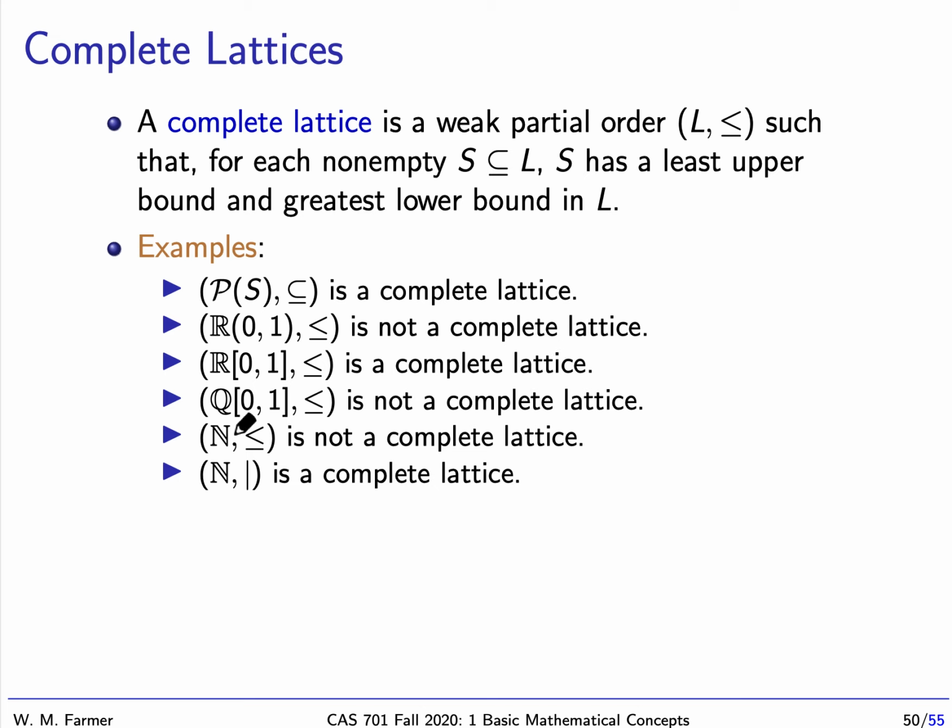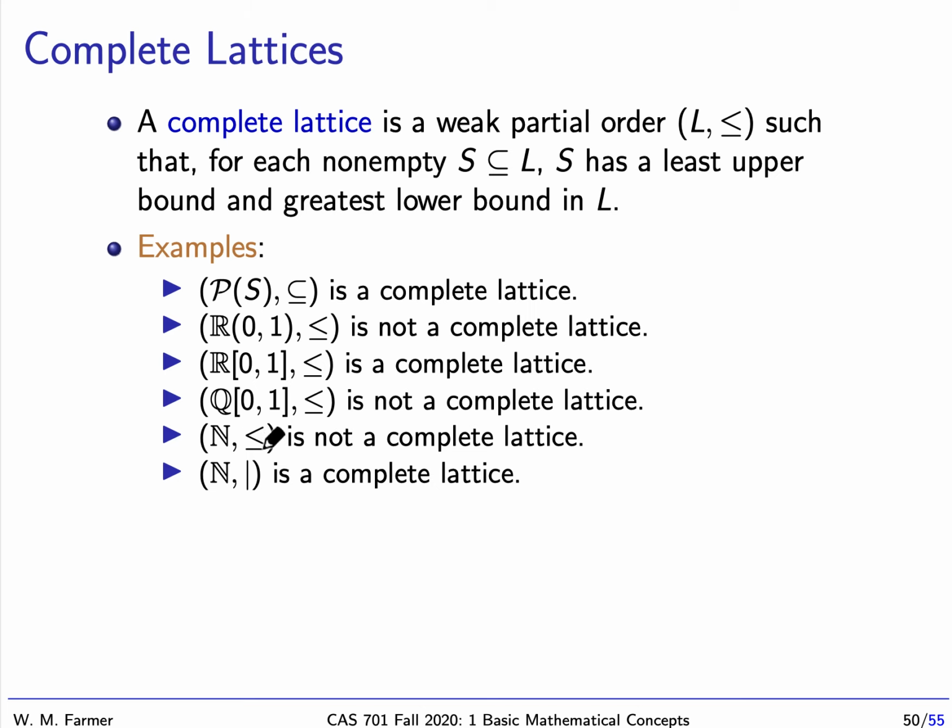If we take the rational numbers with the closed interval 0, 1, this is not a complete lattice because it's not complete in a geometric sense. For instance, there are going to be irrational values between 0 and 1, and for that reason our lattice won't be complete.